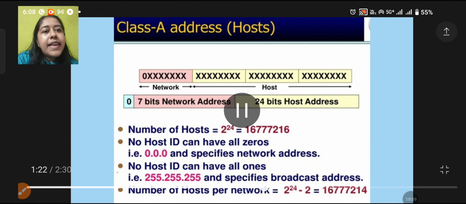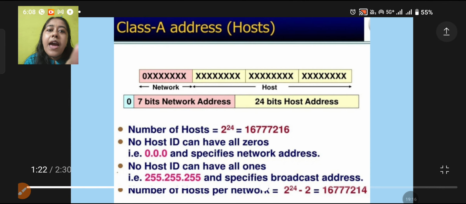Now next, here you can see the class A address host. That was about the network, this is about your host. Again you can see the network and the host. The number of hosts is 2 to the power 24, that is 16777216. No host ID can have all zeros, that is 0.0.0, as that specifies the network address.